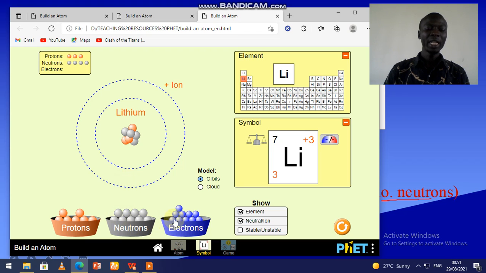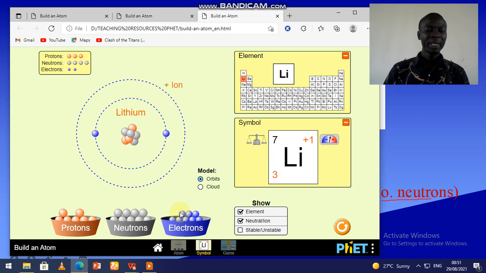And how many electrons were there in the neutral atom? There were 3: 1, 2, and the last one, 3. So this is a neutral atom. Supposing we remove 1 electron to make this lithium atom stable. Let me remove it and you see.